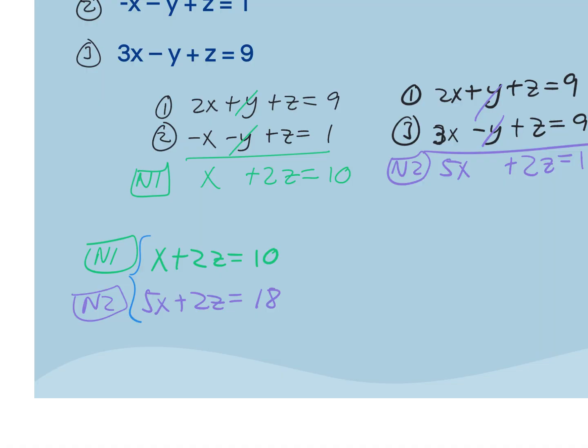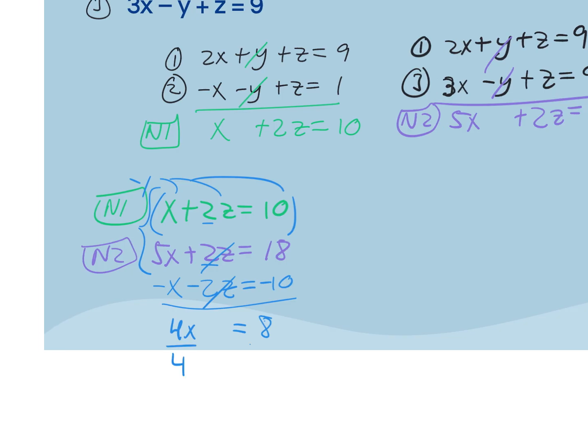It looks like we can most easily cancel out the z, since they have the same exact coefficients. I just need to make one of them negative. So I'll multiply the top one by -1, which gives us -x minus 2z equals -10. 5x minus x is 4x, the z's cancel out, and 18 minus 10 is 8. Divide both sides by 4, and we get x equals 2.